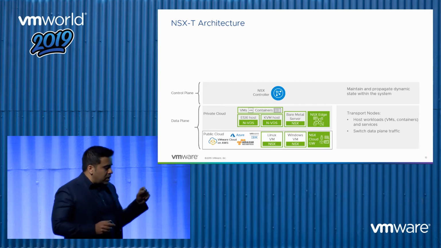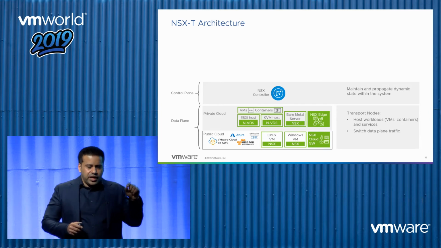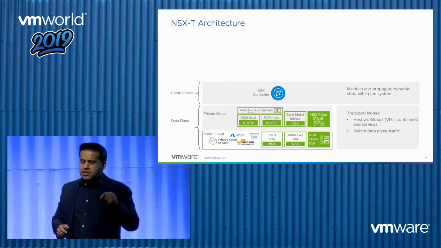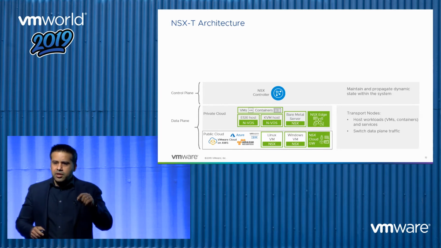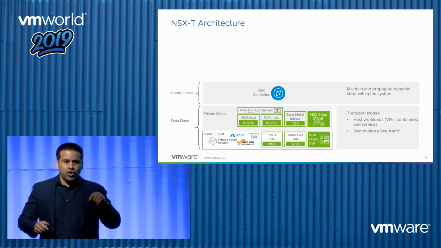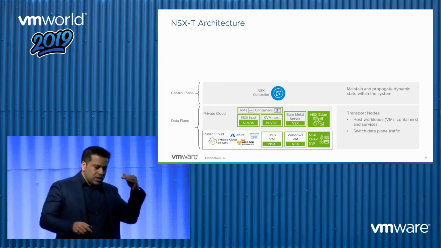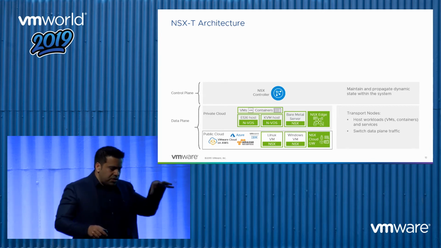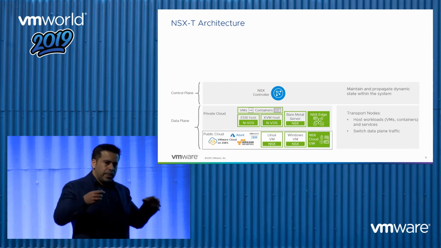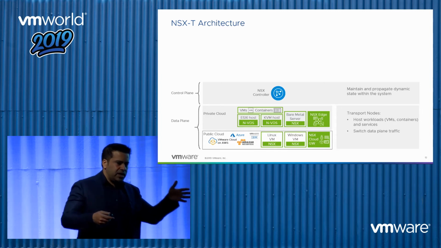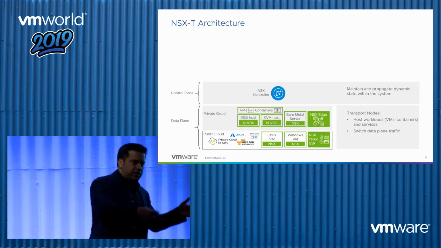Moving on, up the stack, we have the NSX controller. What does this NSX controller do? I like to think of this as the overall brain of the system. This controller would know at any given time where a VM is and where its MAC address is.